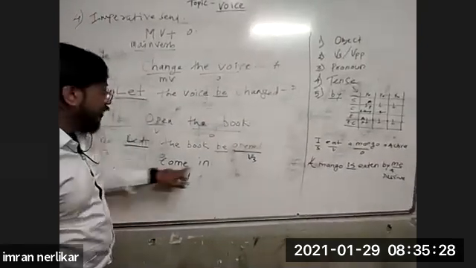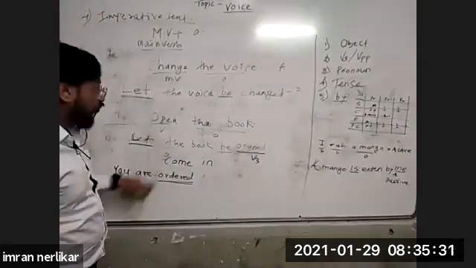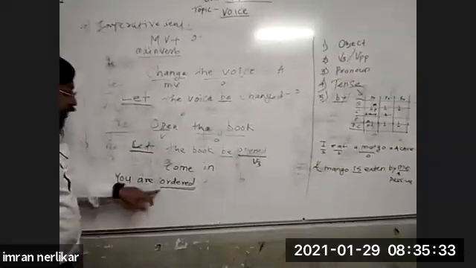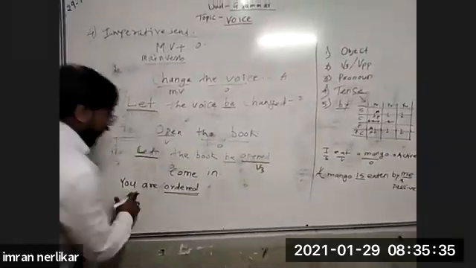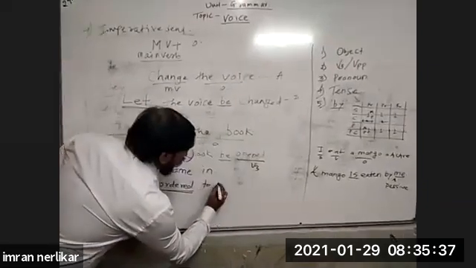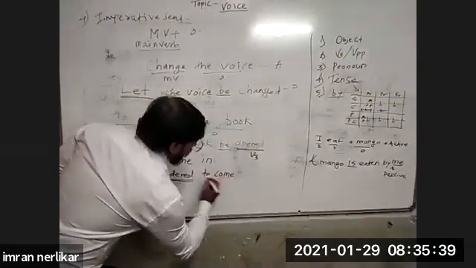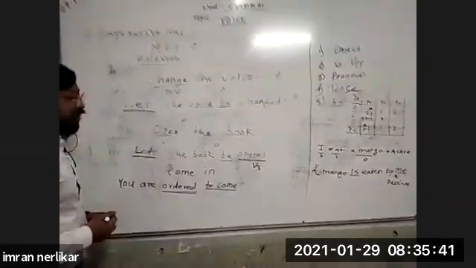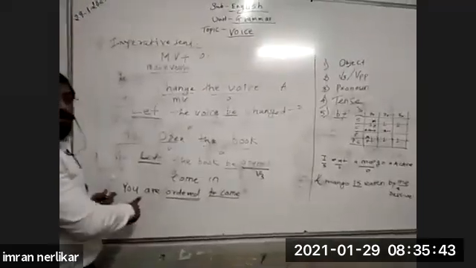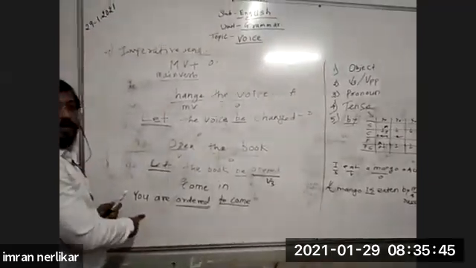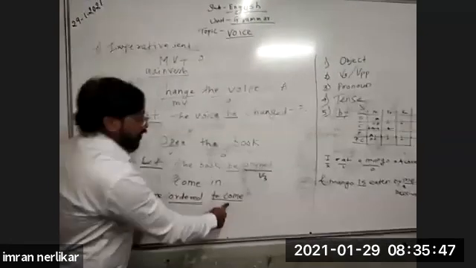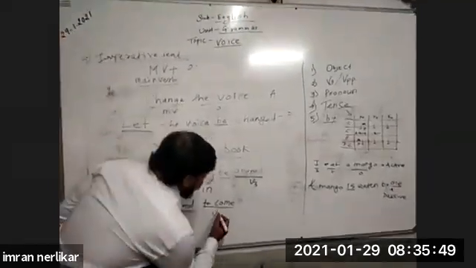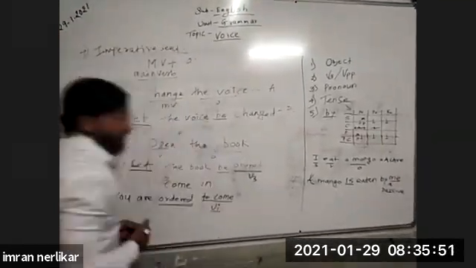Come in, here it is an order. Or follow me, like this. You are ordered to come. Now you will see that this is the only type of passive sentence in which the infinitive is used, not V3.